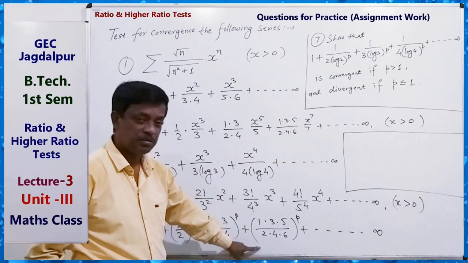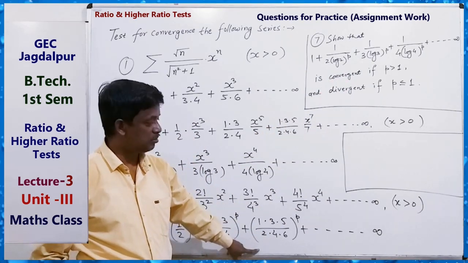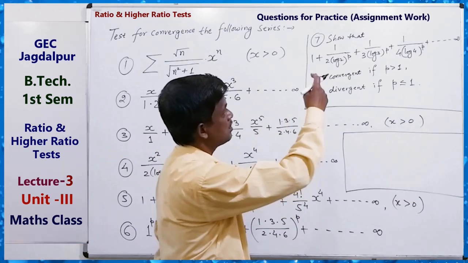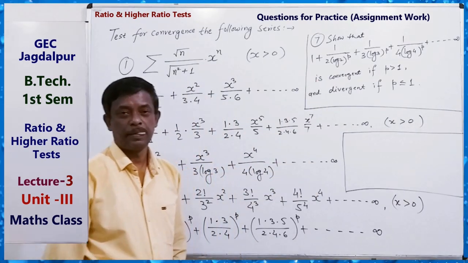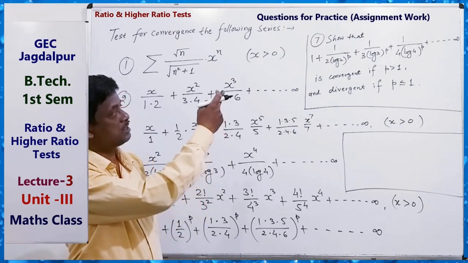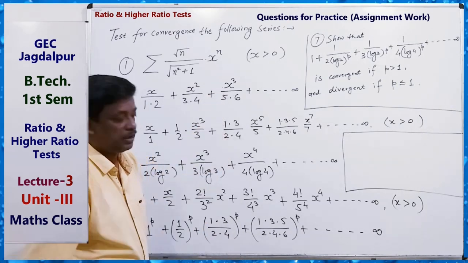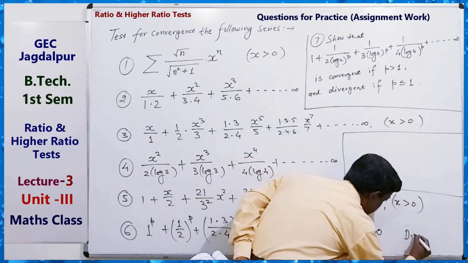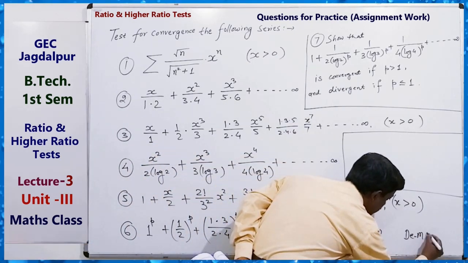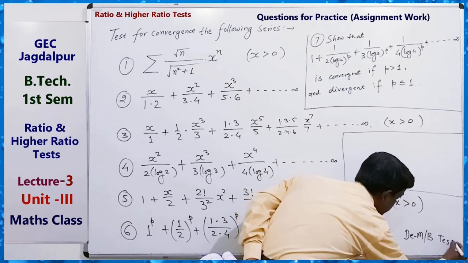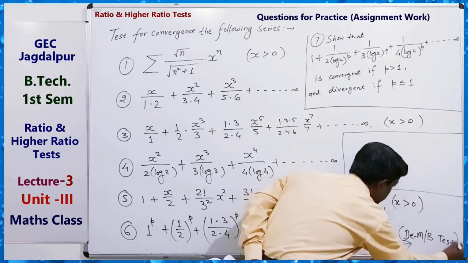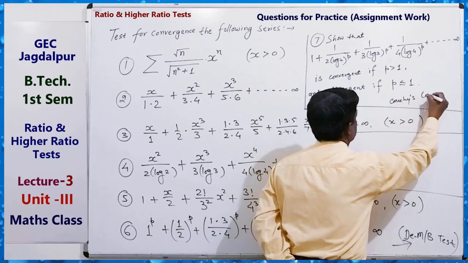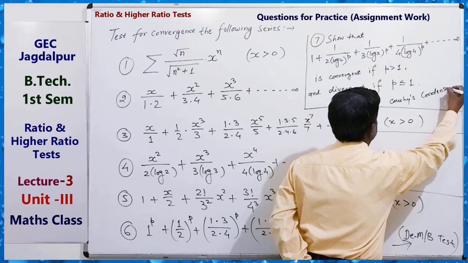This is the De Morgan and Bertrand test, and this is Cauchy's condensation test.